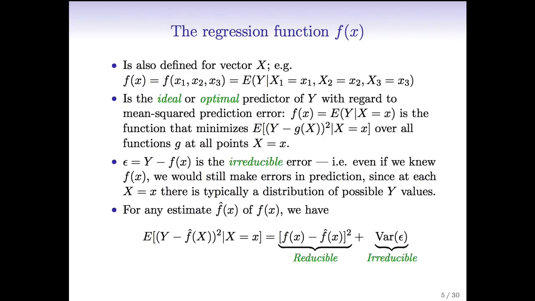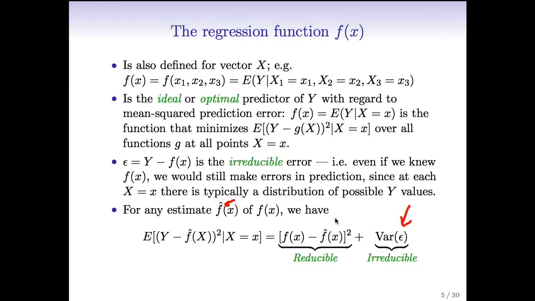For any estimate f hat of x, and that's what we tend to do, we tend to put these little hats on estimators to show that they've been estimated from data. So f hat of x is an estimate of f of x. We can expand the squared prediction error at x into 2 pieces. There's the irreducible piece, which is just the variance of the errors.